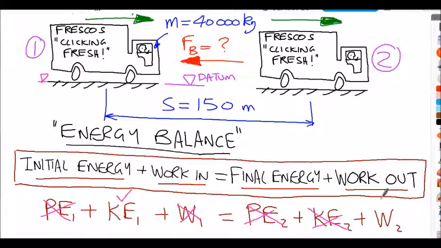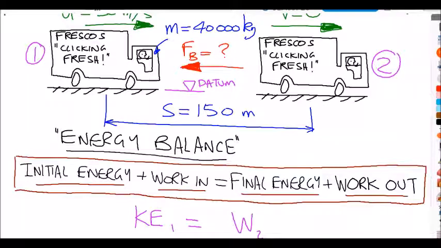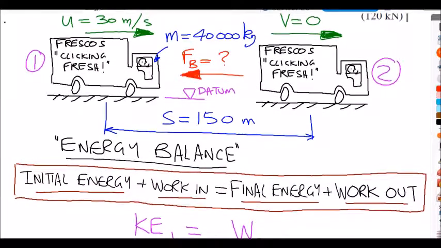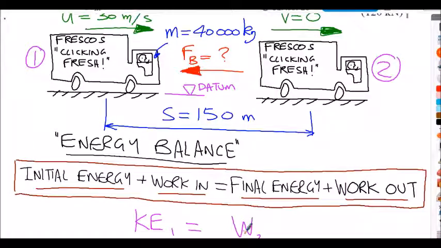So we definitely have the work out of the system due to the braking force. We're ignoring any frictional effects here. So my solution simplifies purely to initial kinetic energy due to the vehicle's 30 meters per second velocity initially, with work out of the system on the right hand side of the equation. So that's what's called an energy balance.